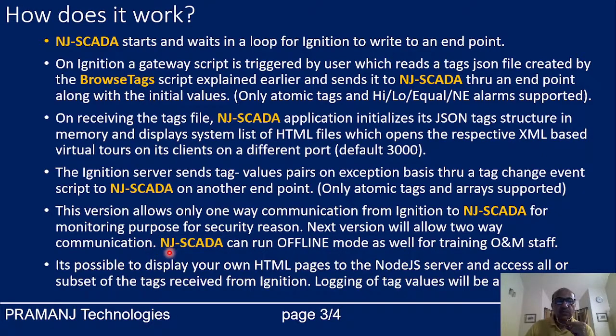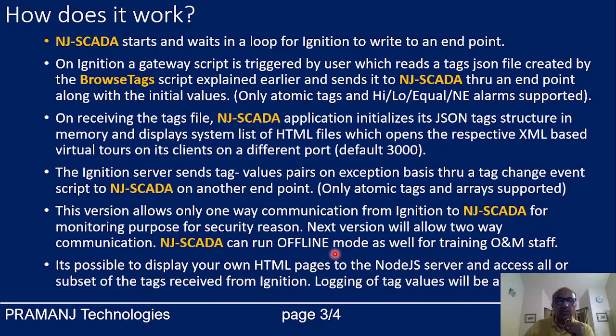Now also it's possible to run NJ-SCADA in a completely offline mode without any connection to Ignition. Whatever static tags.json file has been defined becomes an input to NJ-SCADA, and it will just display the static values of the tags, or you can have the display without any tags.